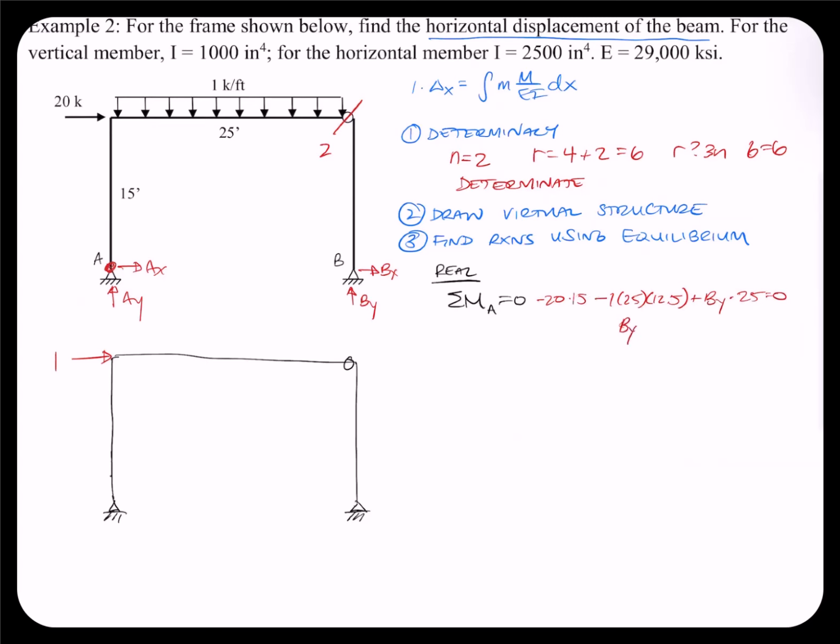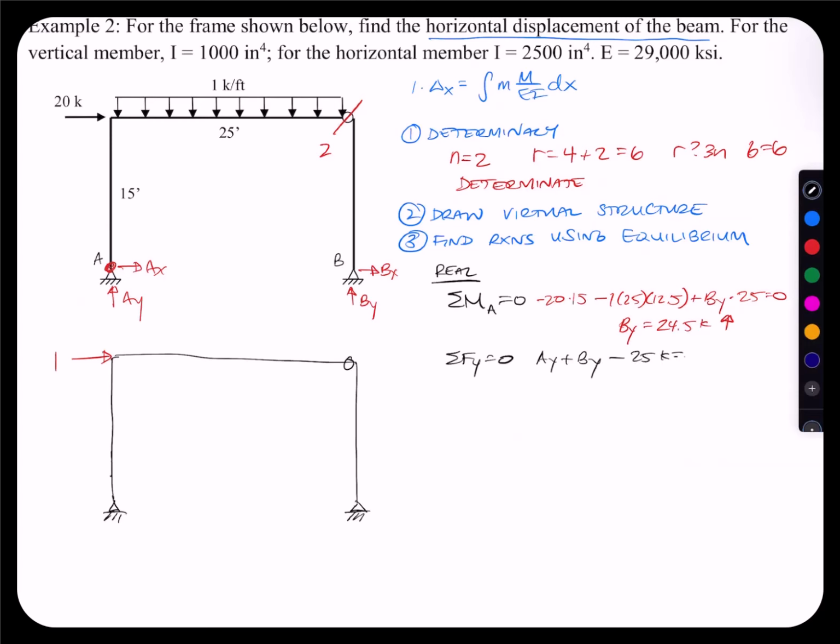That's going to give me BY is positive 24.5 kips upward. And once I have that, I can find my AY, summing my forces in Y. I have AY plus BY minus 25 kips for my distributed load, and AY is 0.5 kips, also upward.